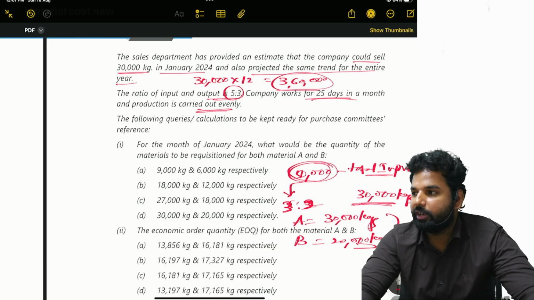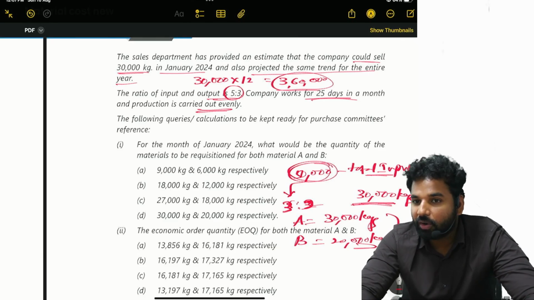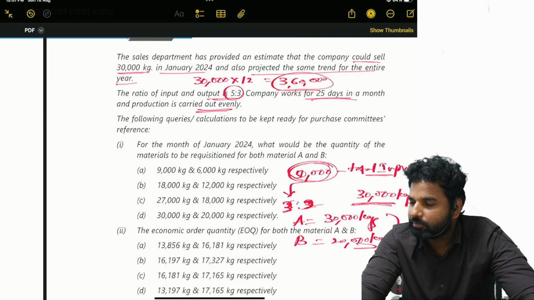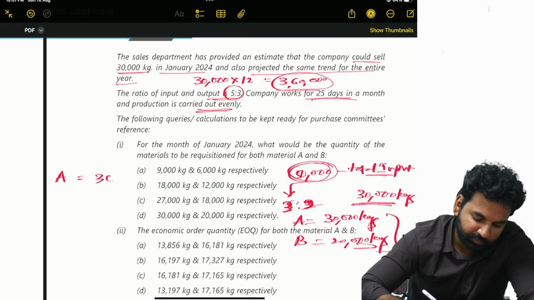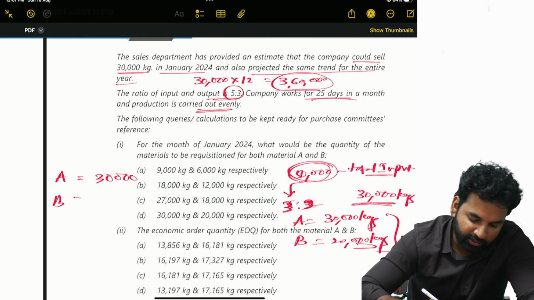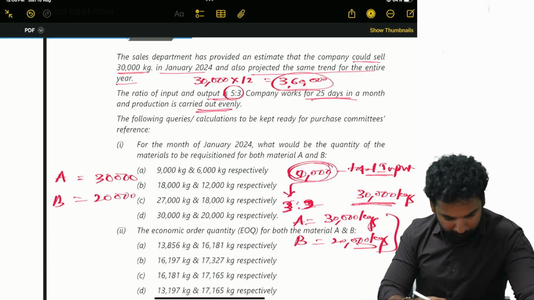Input 50,000. Input only we have to take. We are not concerned with output. So input only we have to see. In that, A is 30,000, B is 20,000. So what is the requirement of A per day?